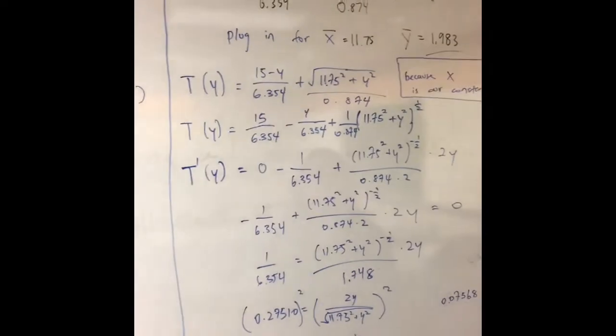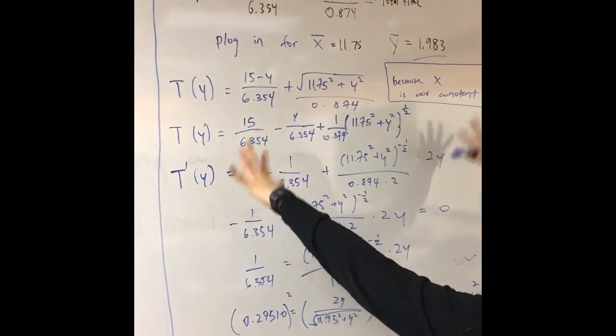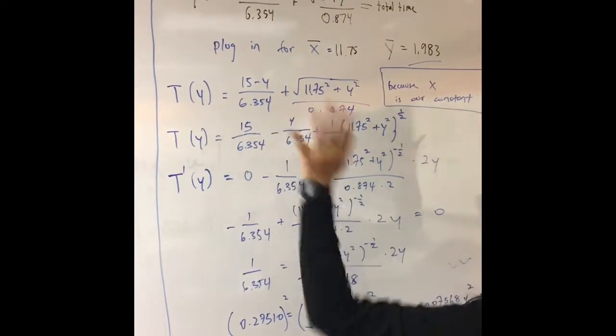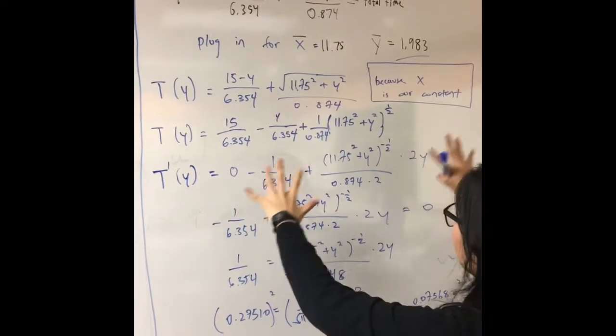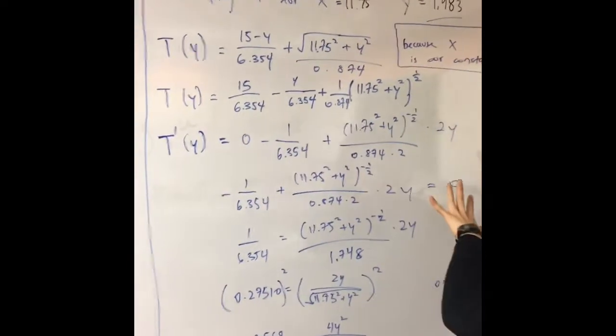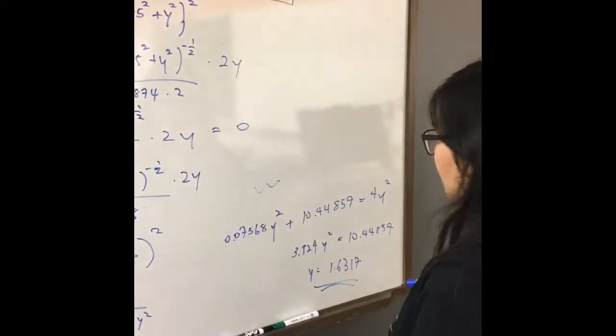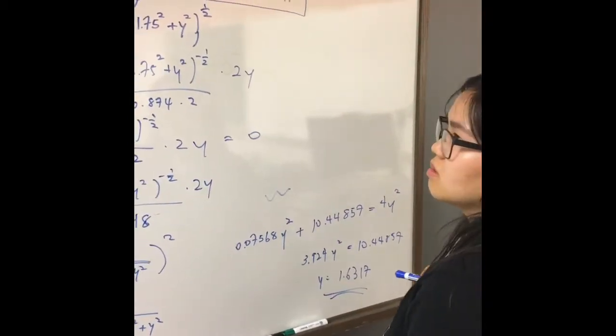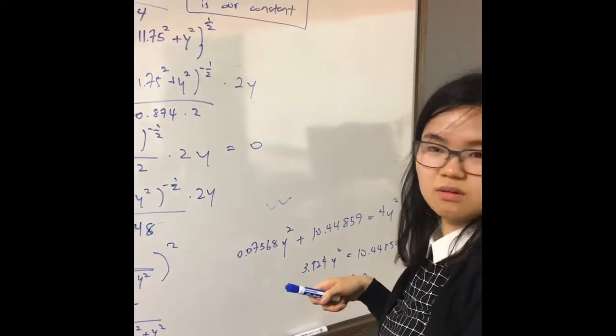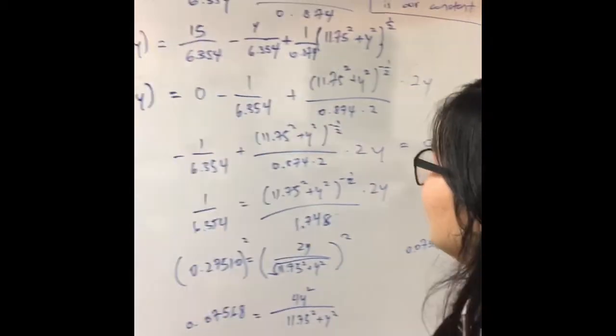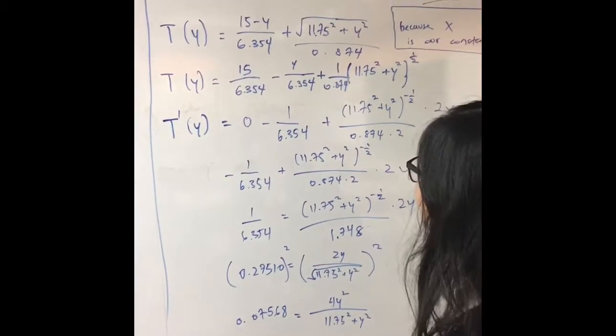And so, going back to the function, we plugged in all the values and then took the derivative to find our critical point, which I mentioned earlier was 1.6317 meters. Just meters.